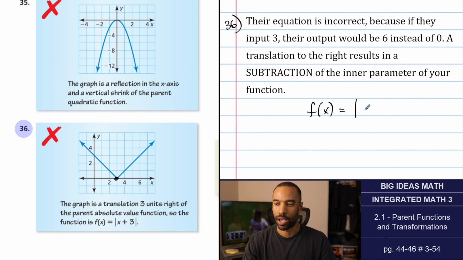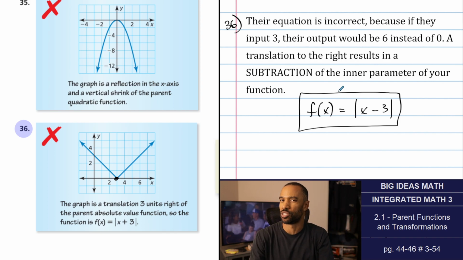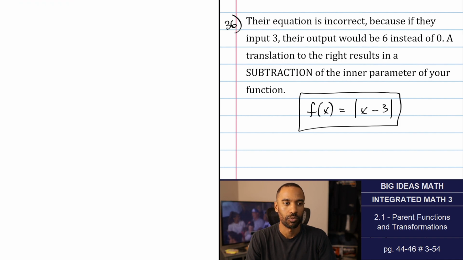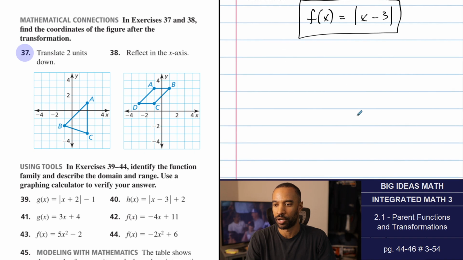Kind of an interesting question, though, because they haven't really brought on us coming up with equations from functions yet, right? But we could test it and see what part. Every other part of this felt right. That's the only part that's wrong. So, all right, let's keep moving forward to number 37 and number 38.